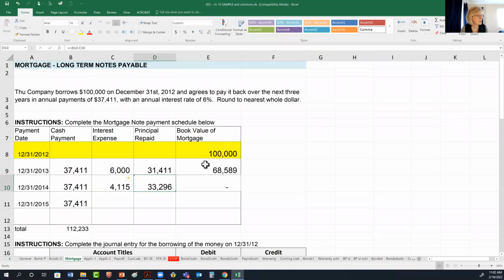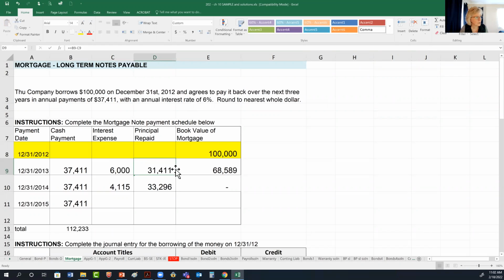What was the calculation to get 68,000? So Micah, did you get the 6,000? That 6,000 is your annual interest rate times your 100,000. And then for the 31,000, that's the difference between your annual payment in December and the 6,000.